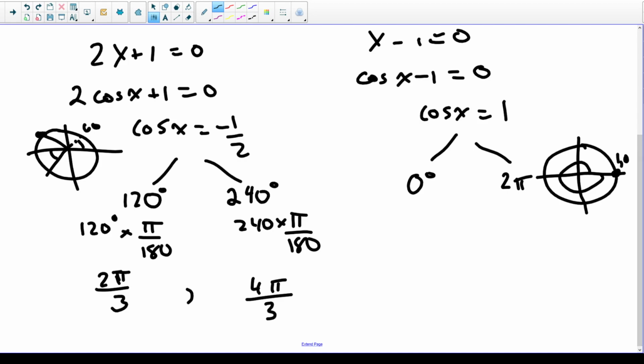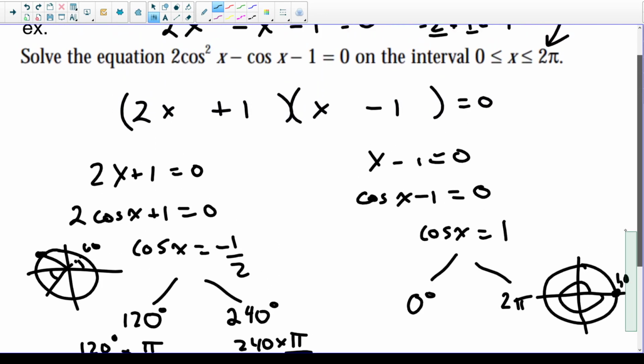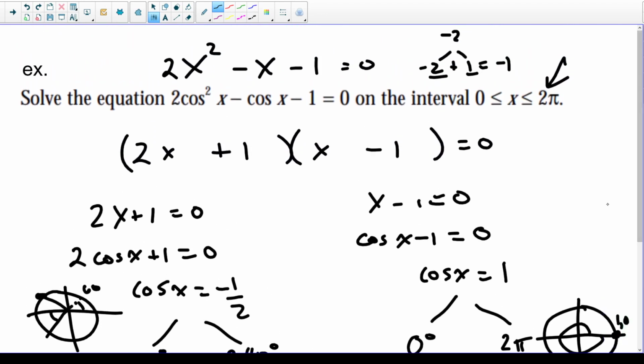Let's look at one more. Before I do that, let's just recap this one because it was a pretty complicated one. So if you see an equation that kind of looks quadratic because of a power of 2, try a variable substitution to see if it is. And the variable we substituted, we said that big X is equal to cosine little x, okay?